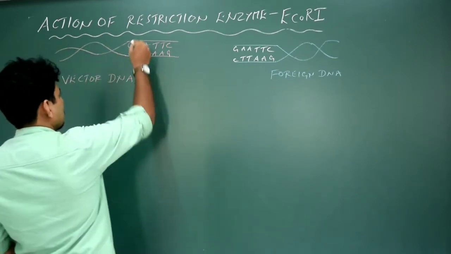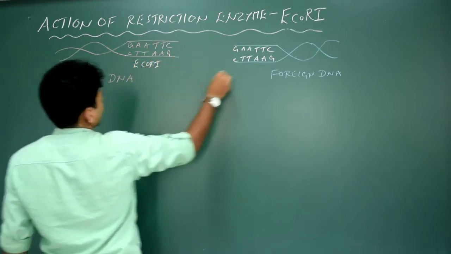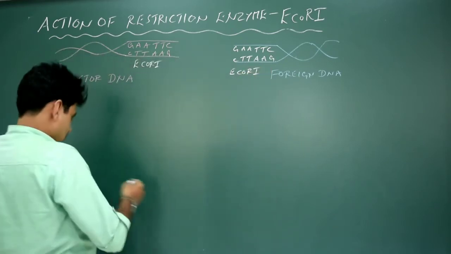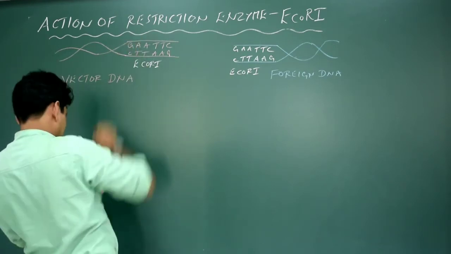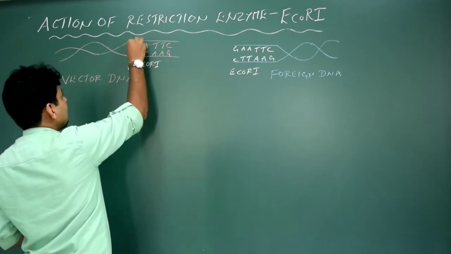The action. Now I have to treat this DNA with EcoR1 type of restriction enzyme. The point where exactly they cleave the DNA: I have to use white color so that it will be easy for you to understand. Exactly here.